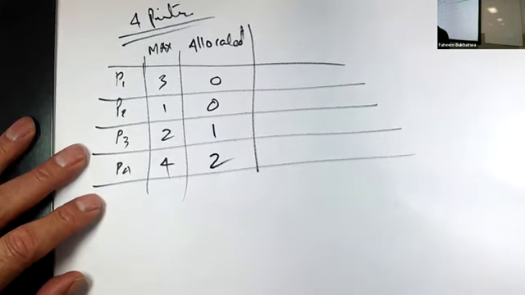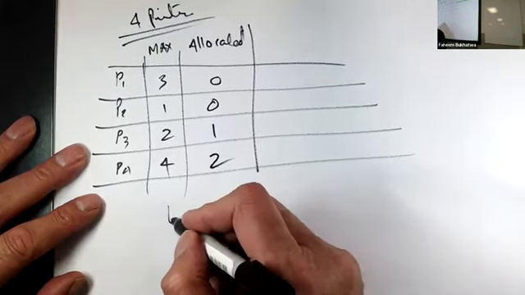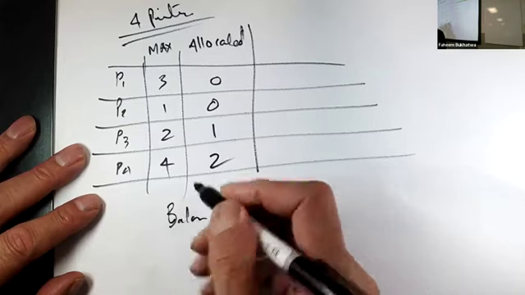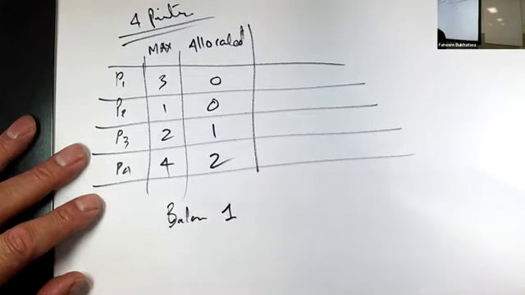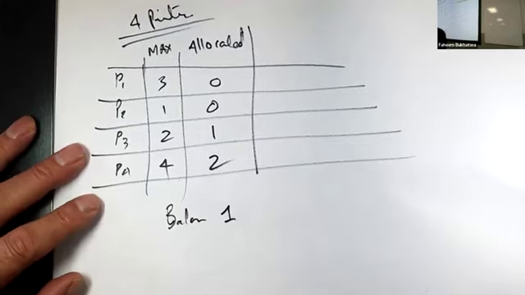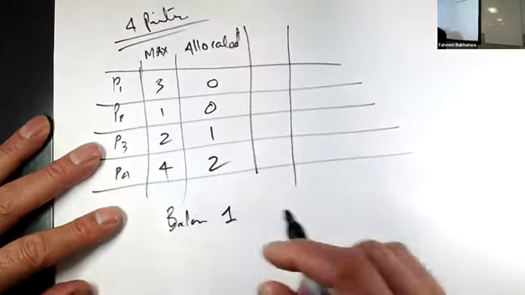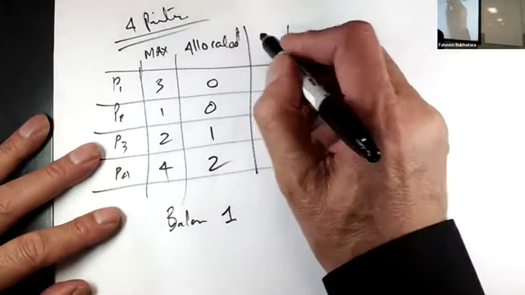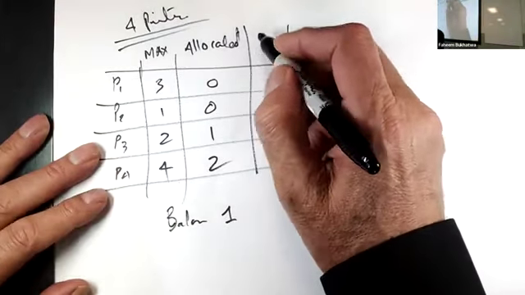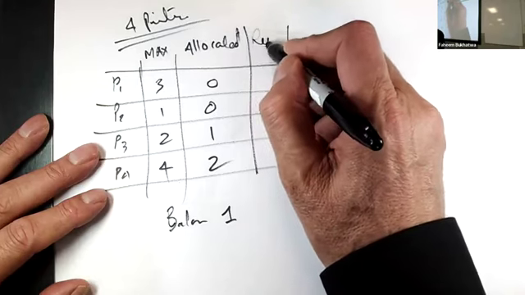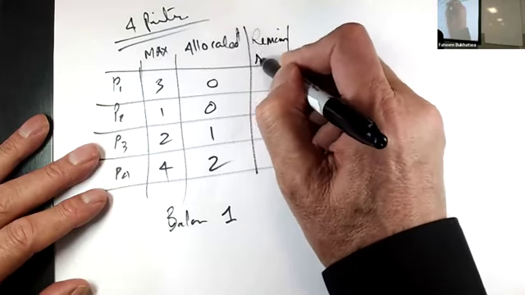How many printers do we have left? Yeah, our balance or free printers is 1. So in order to work out is this system in a safe state or not, you need to work out the remains or the needs, remaining needs.